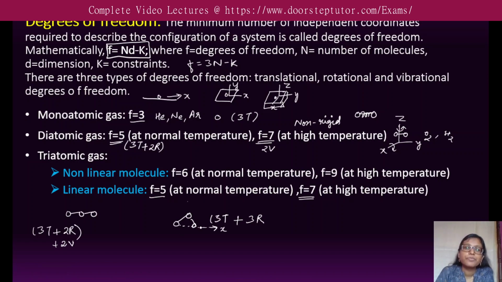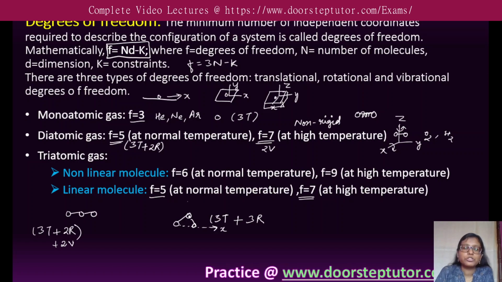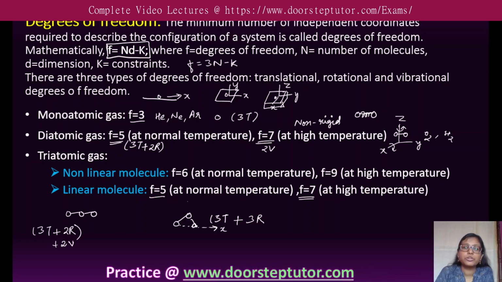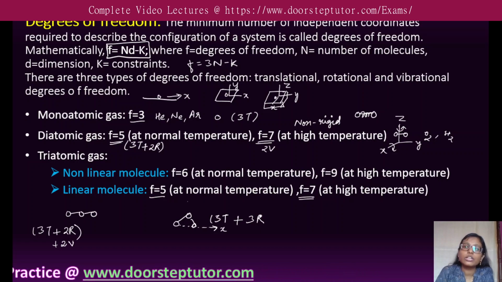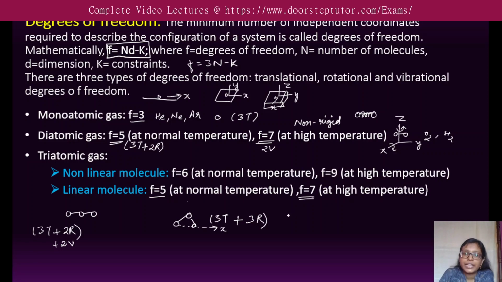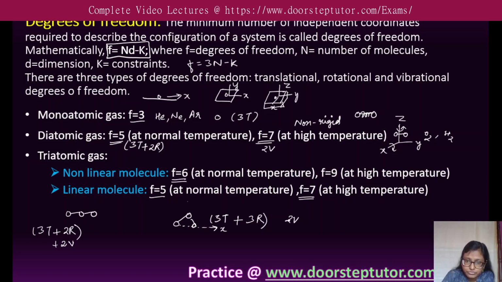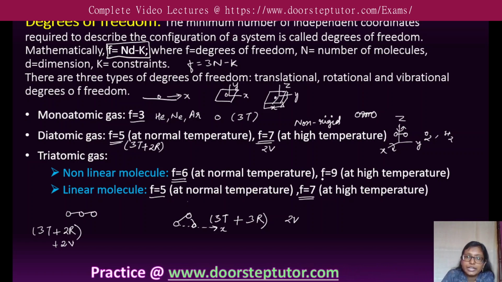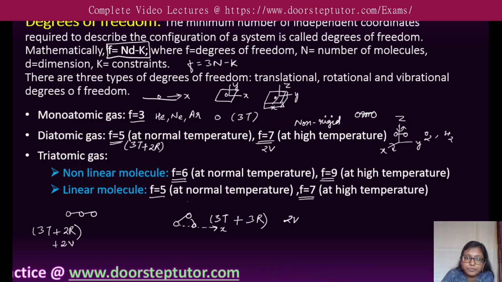Similarly, along the other two coordinates as well, two of the atoms will not possess moment of inertia, but the third atom will possess a moment of inertia, due to which it can rotate along all the three axes. So total 3 rotational degrees of freedom, and at high temperature again it will possess 2 additional vibrational degrees of freedom. So at normal temperature total degrees of freedom will be 6, and at high temperature it will have 3 degrees of freedom.